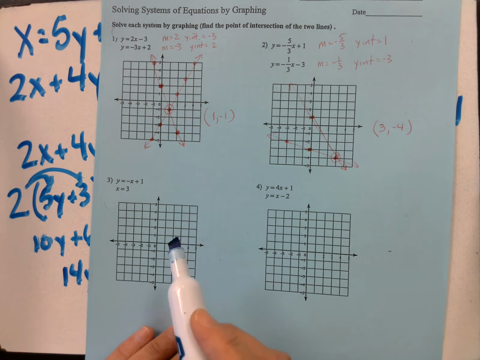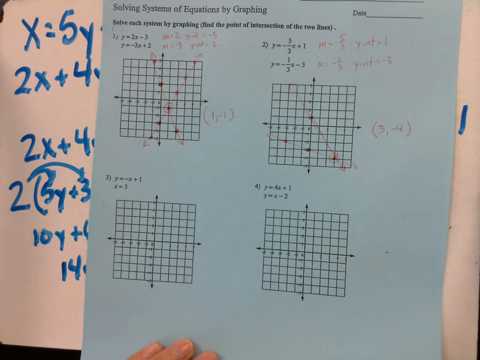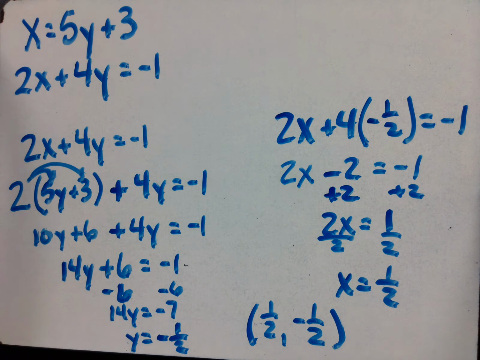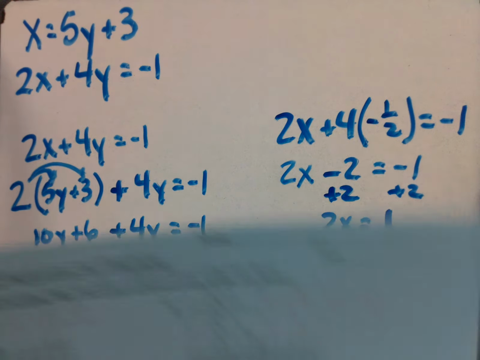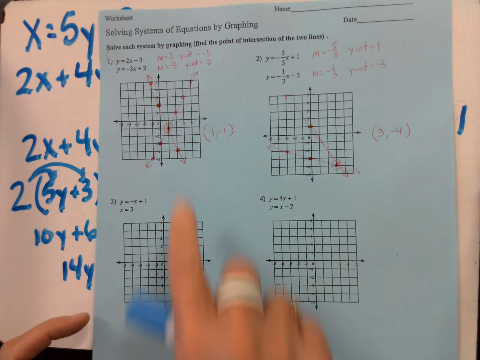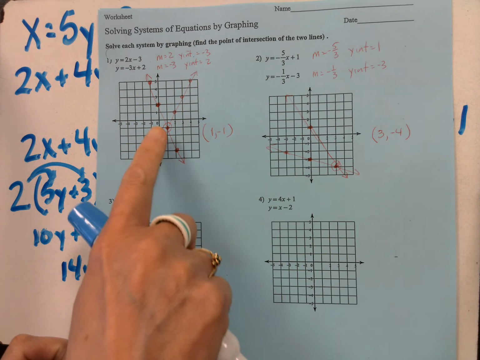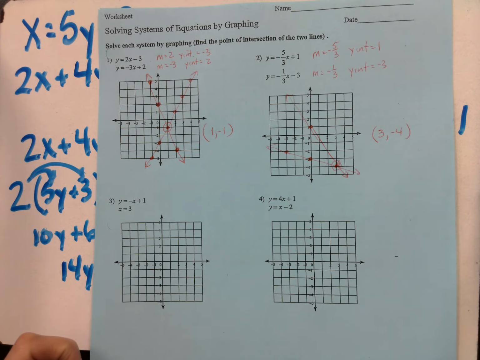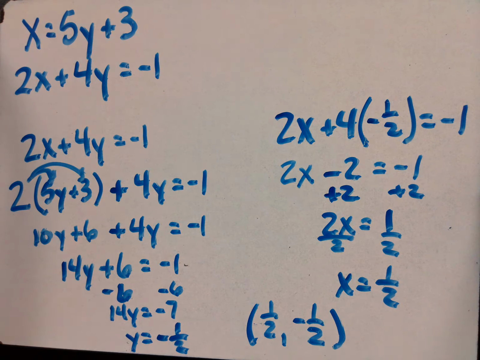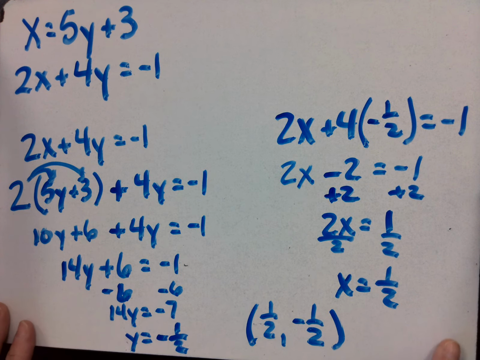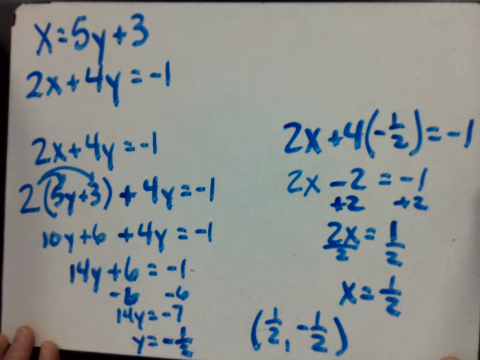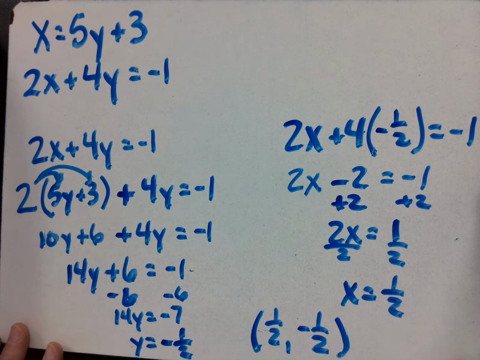That's why graphing isn't as accurate if your solutions are going to be fractions. And that's usually when teachers start using a graphing calculator. For our purpose in 8th grade, any graphing that we will do will always land on a perfect intersection with whole numbers. Now, though with substitution and elimination, we absolutely can get our fractions. And that's okay because we're not going to graph it on paper.